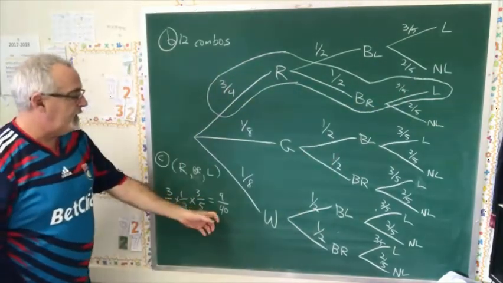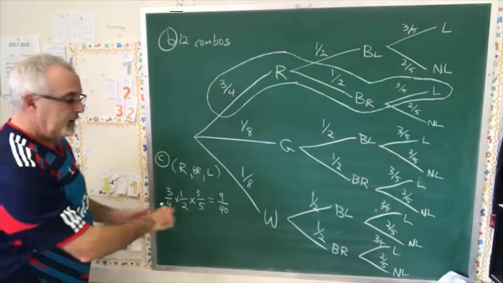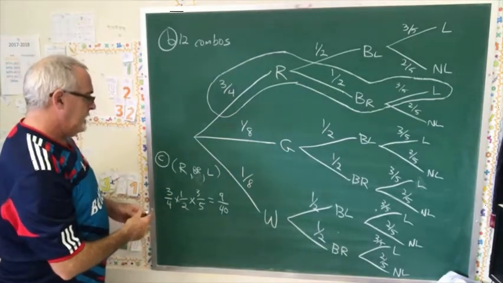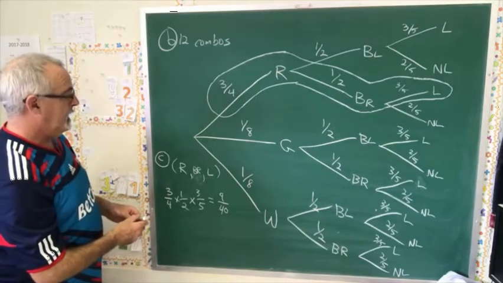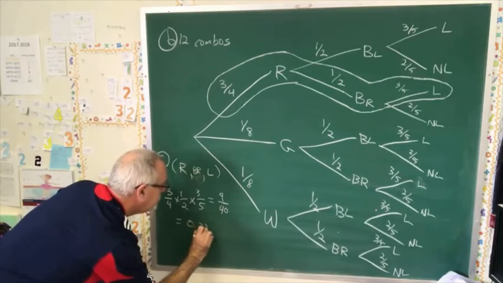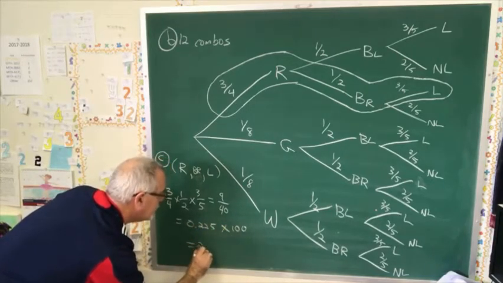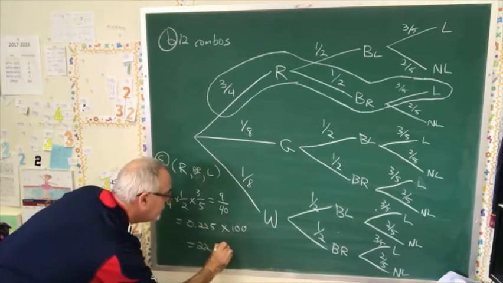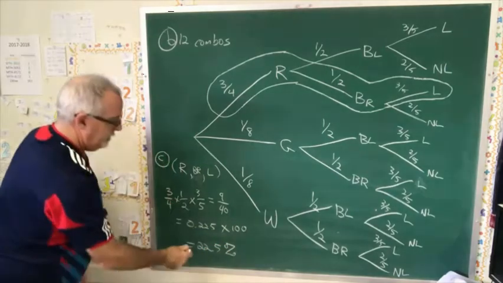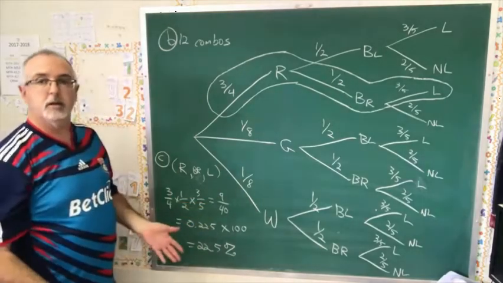If I want to give my answer in fraction form, but I also want to give it in decimal and percent form, 9 divided by 40 is going to be 0.225. And then when we multiply by 100 to get a percentage, we will get 22.5%. All of these, the percentage, the decimal, and the fraction, are correct answers to the question.